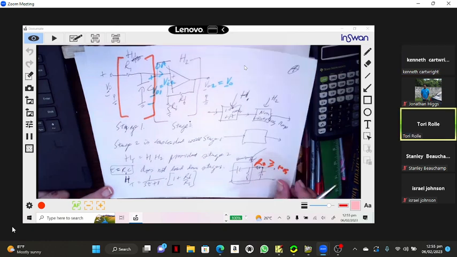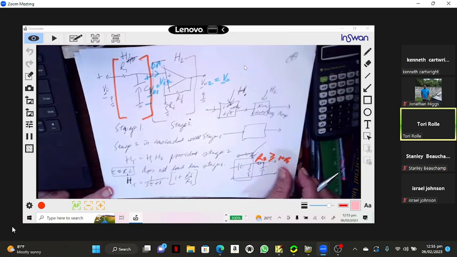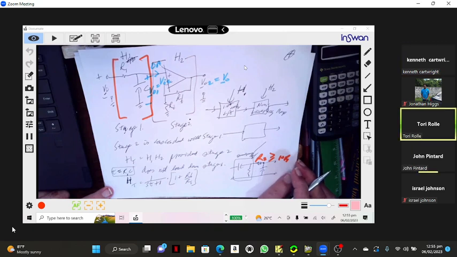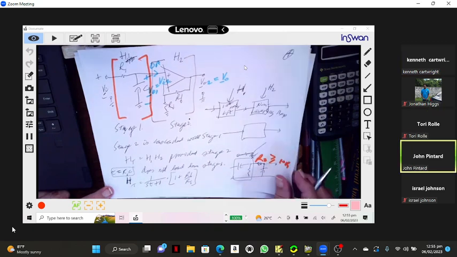The cutoff frequency is 2 pi? Sorry, 1 over 2 pi.